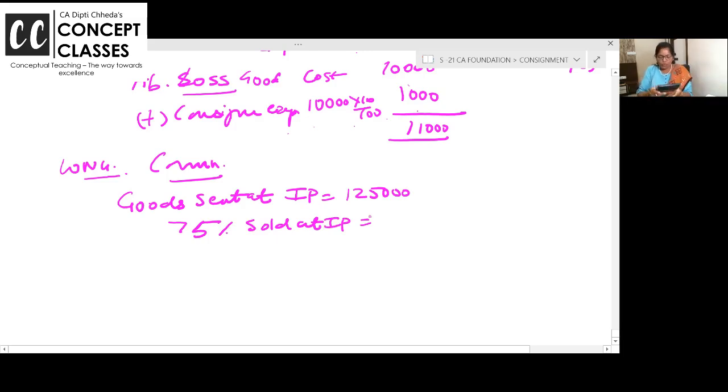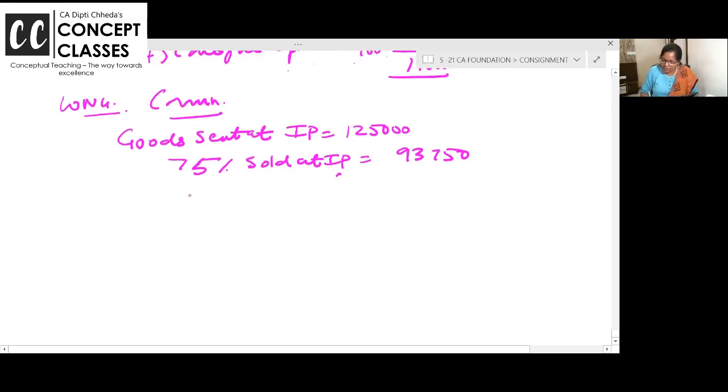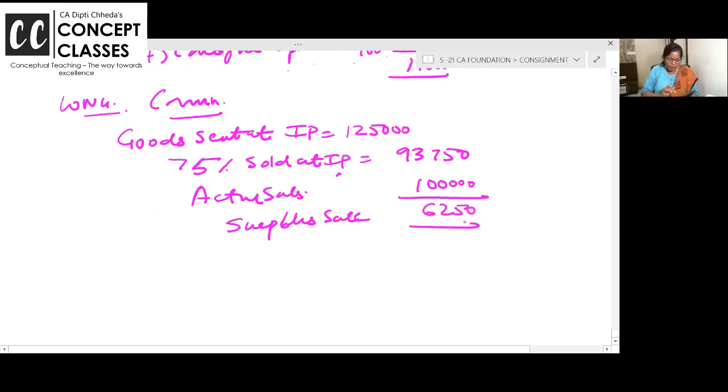If you would have sold 75% of the goods at invoice price, it should have been sold at 93,750. Sale at invoice price. But actual sales are 1 lakh. Surplus sales over and above the decided selling price, you have realized 6,250.